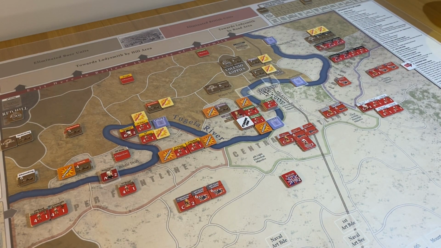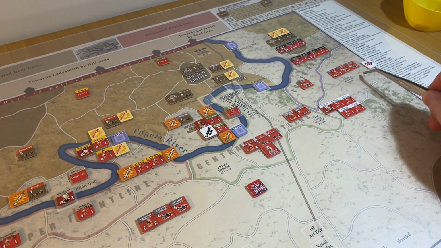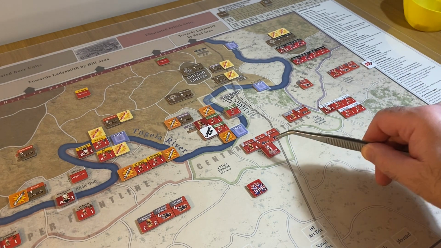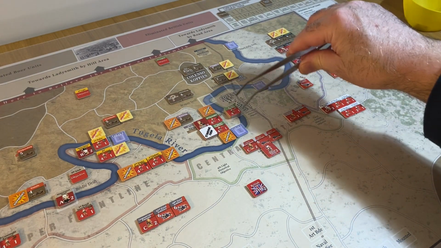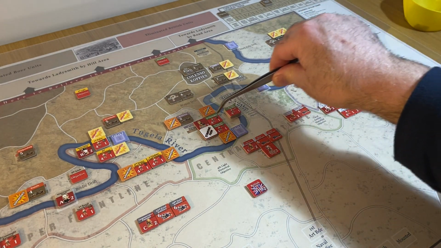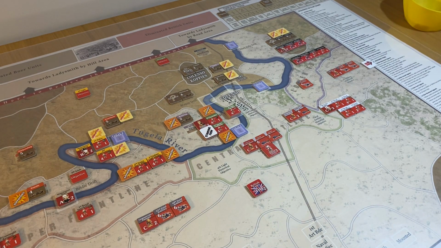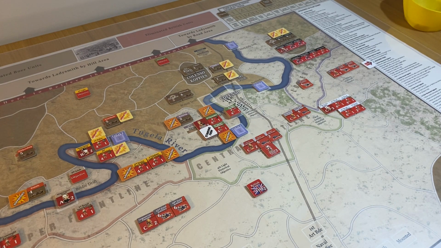So maybe I might move Long up here, because he might want to eventually give these guys an order. Well, you could say that about these as well. And the thing is, these have got to move through this bridge area. That's the only way the artillery can come across the river, through the bridge. They can't cross the drifts. So yeah, maybe I will just leave that there then.